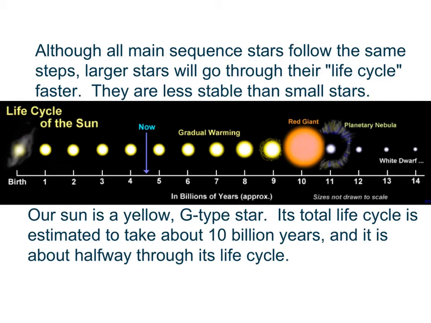Now, our sun is a yellow star, and it's a G-type star. So it's pretty stable, it's not terribly big, and it will take about 10 billion years for it to run through the time that it is stable. Right now, scientists estimate that it's about 4.6 billion years old, so we're still good for almost 5 billion more years.